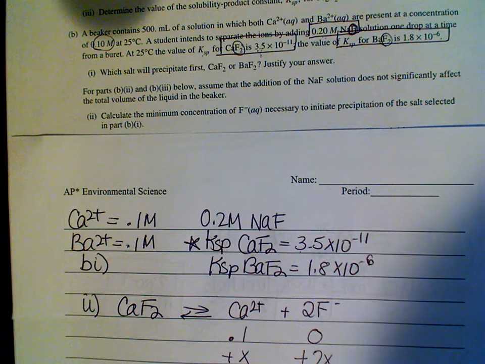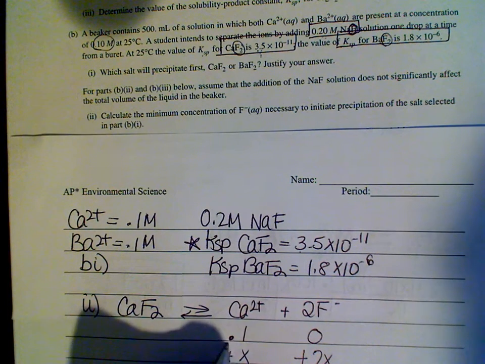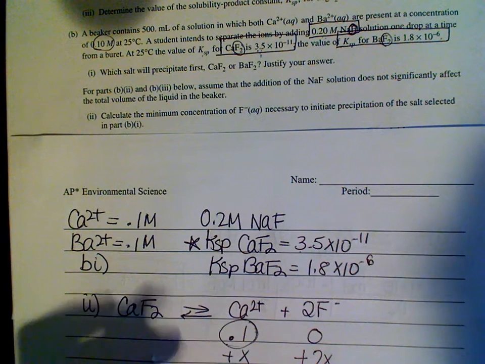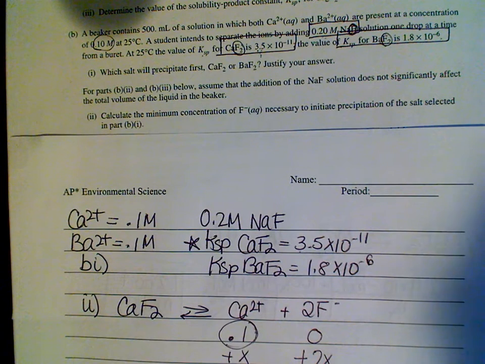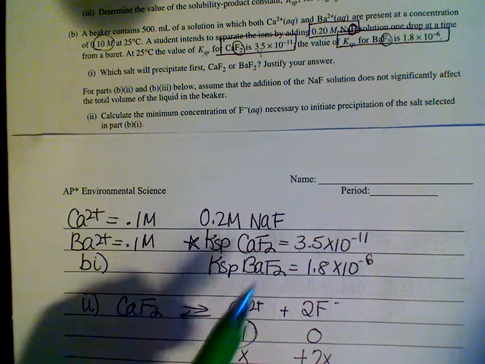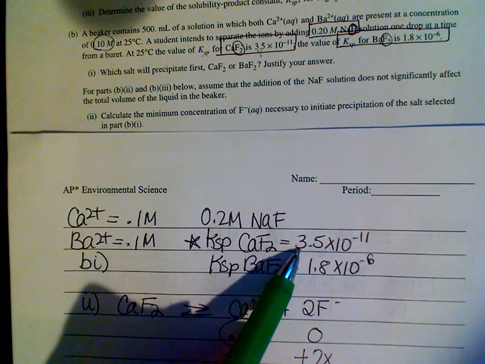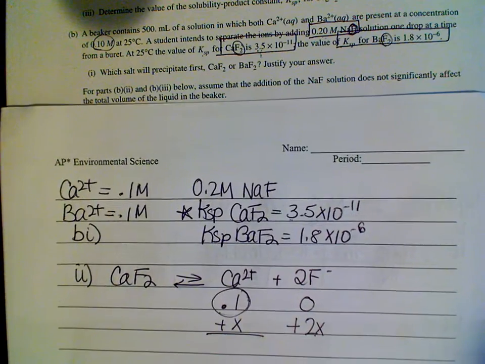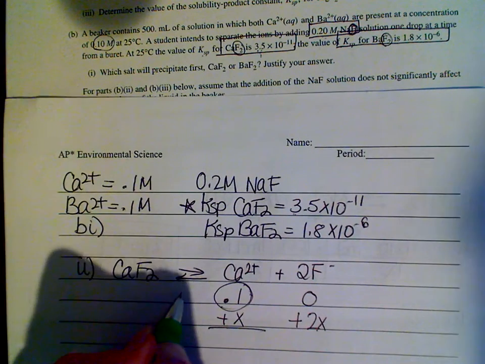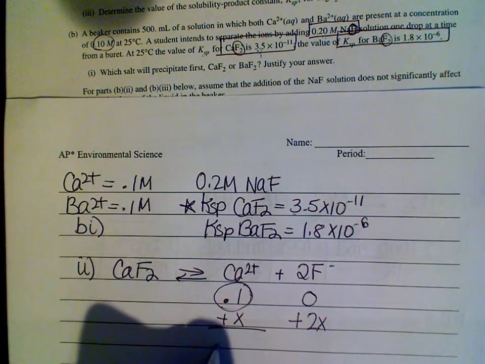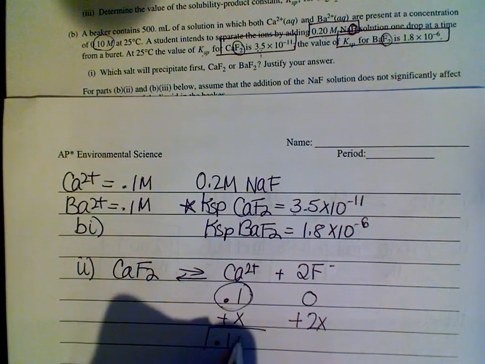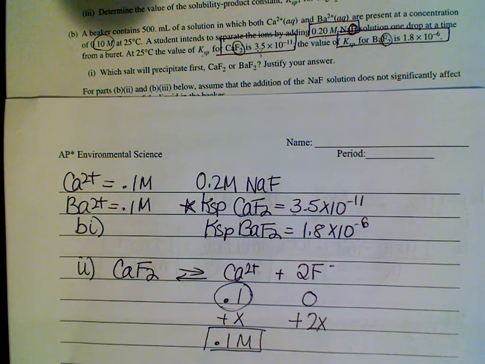All right. So then at this point, since this right here is my value to start with, that is such a huge number compared to the KSP, which is 3.5 times 10 to the negative 11, that I'm basically going to be able to use that as my equilibrium. So my E down here is 0.1 molar for the Ca2+.